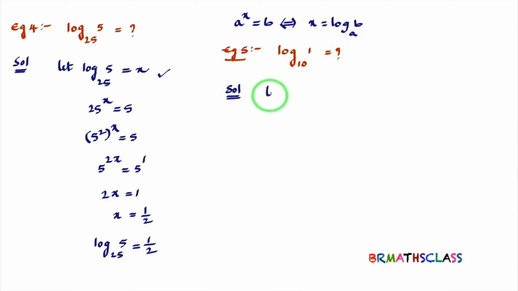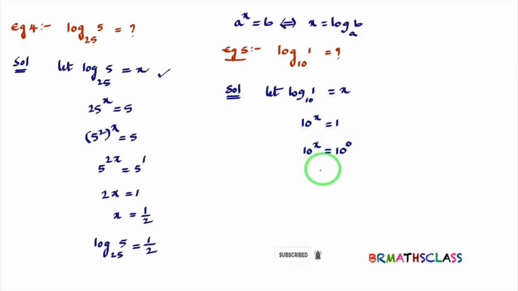I'll consider log 1 base 10 as x. As per this definition, this can be written as 10 power x equal to 1. Here to find the value of x, this 1 can be written as 10 power 0. 10 power 0 value is 1. We know that. So as bases are equal, powers should be equal. x value is 0.